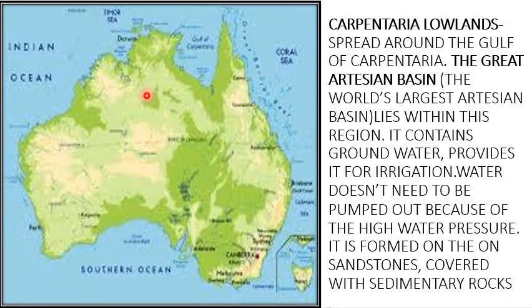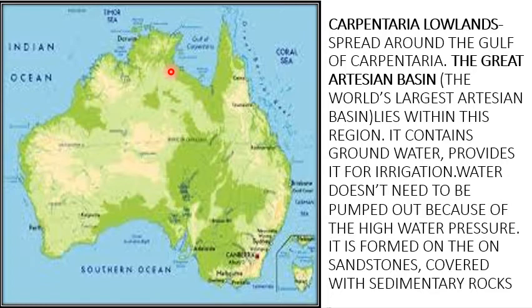It is the world's largest artesian basin and contains groundwater, which provides water for irrigation in an otherwise dry farming country. The trapped groundwater gushes out automatically when holes are bored in the ground.